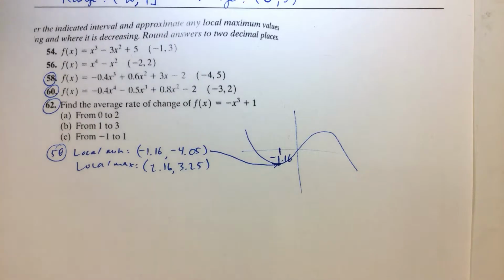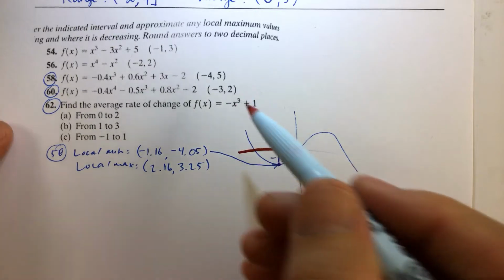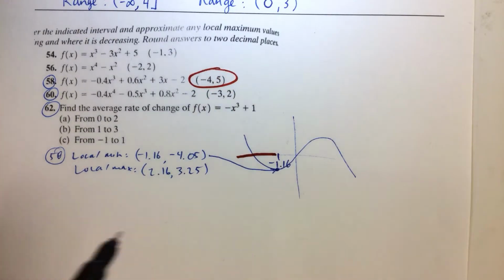So we have decreasing all the way from, don't say -infinity, because remember, we're only looking at this graph from -4 to 5.